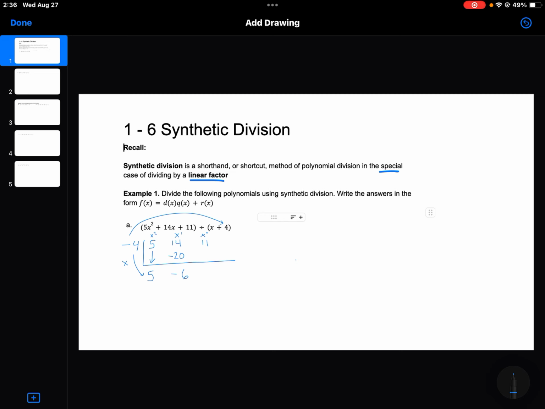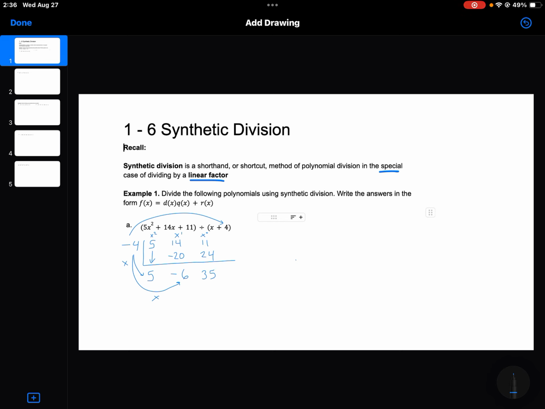Then I'm going to repeat the process. I'm going to take whatever number's out in front, and I'm going to multiply. Minus 4 times minus 6 is 24. Then I'm going to add those two together. So I've got 35.